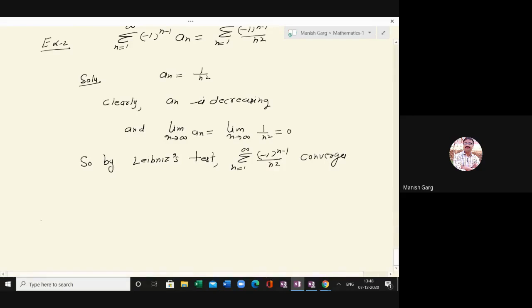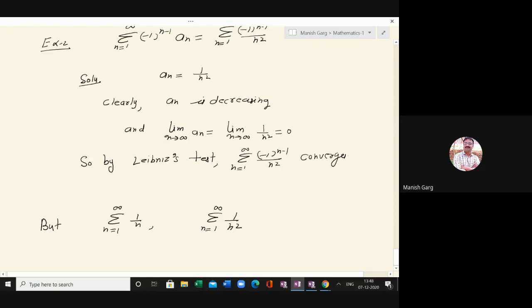But if you take the positive series, the positive series of the first will be 1 by n, and the positive series of the second will be 1 by n square.